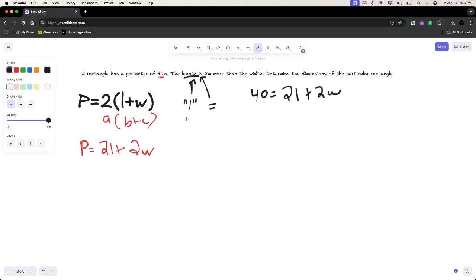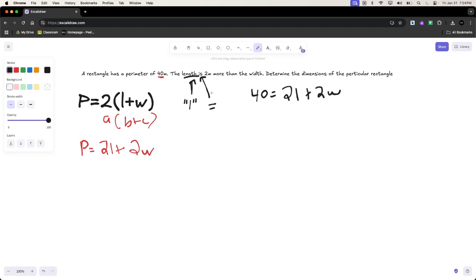So if we were to model out the relationship between length and width, it's literally telling us that the length relies on the amount of width there is within the equation. So here's how we can solve this.